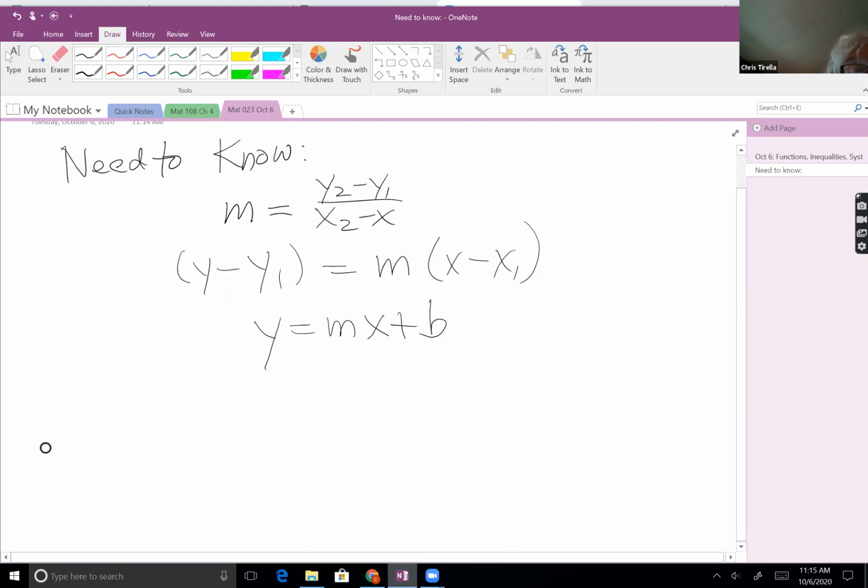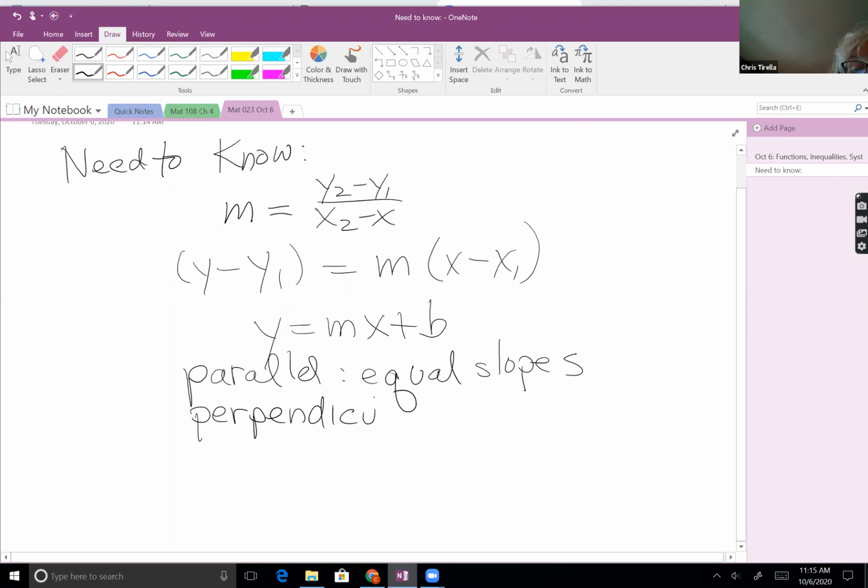You need to know parallel lines have equal slopes. You need to know perpendicular lines' slopes are negative reciprocals. And you need to know how to find your intercepts.